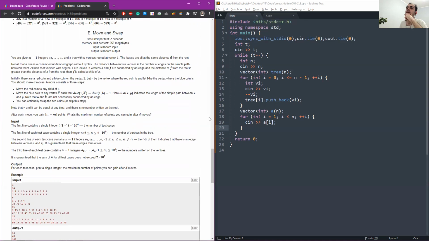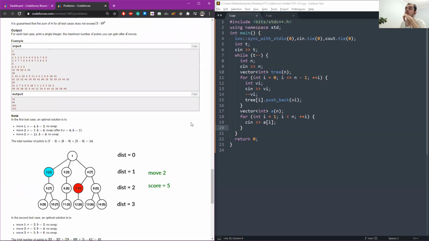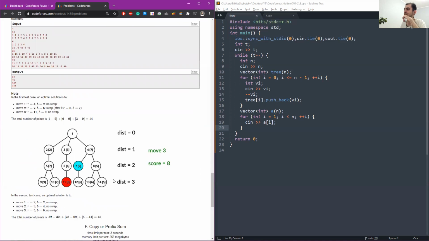Okay, apparently I can't read. Well, it makes sense that you can't make more moves, right?